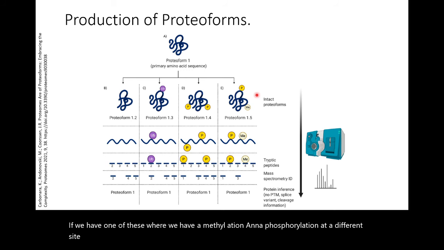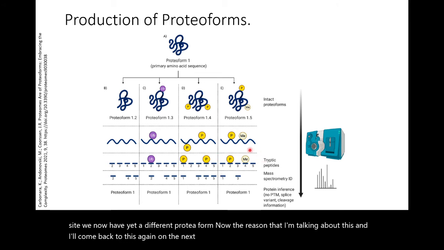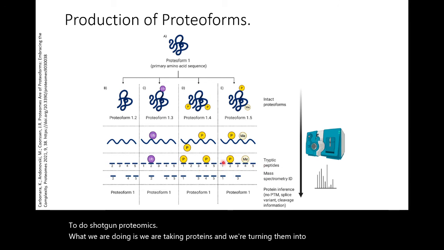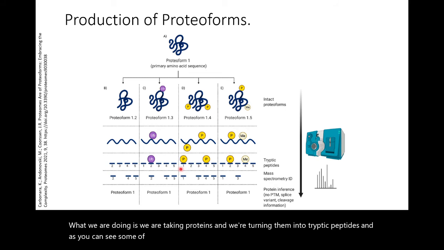Now, the reason that I'm talking about this, and I'll come back to this again on the next slide, is this part here where to do shotgun proteomics, what we are doing is we are taking proteins and we are turning them into tryptic peptides. And as you can see, some of these peptides are actually shared by different proteoforms.